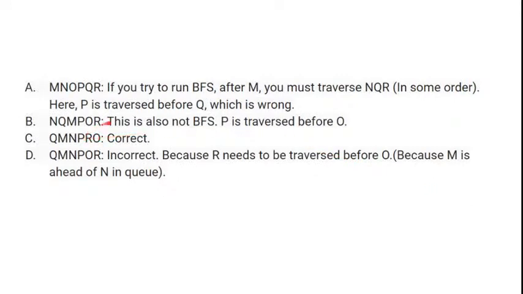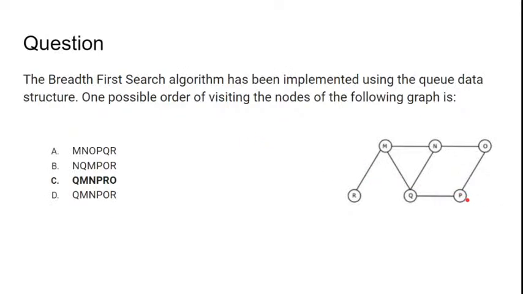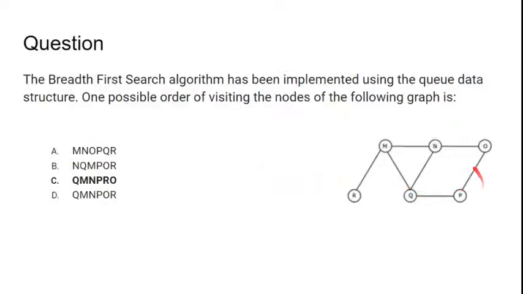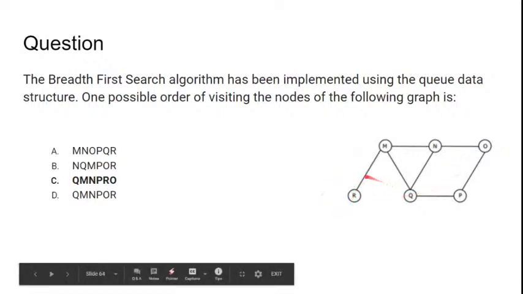NQMPR is also not breadth first search, because P is traversed before O. QMNPRO is correct. The fourth option is incorrect, as R needs to be traversed before O.